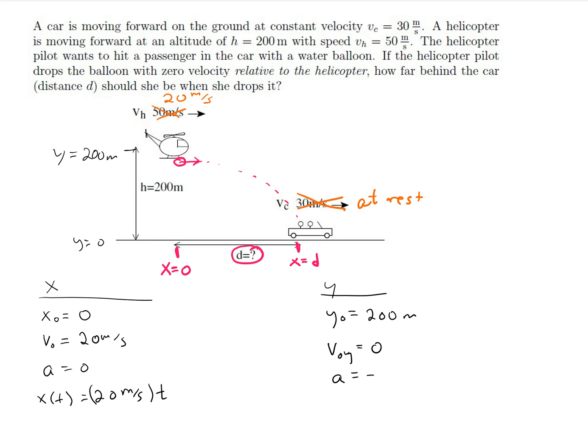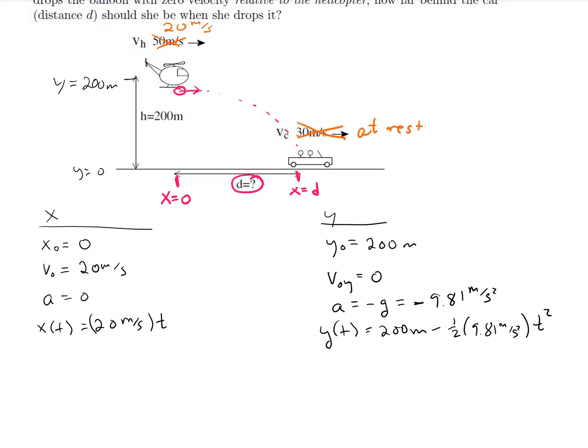But then there is some acceleration, gravity pointing downwards, so minus 9.8 meters per second squared. So y as a function of t is 200 meters minus 1/2 times 9.8 meters per second squared times t squared. Okay.